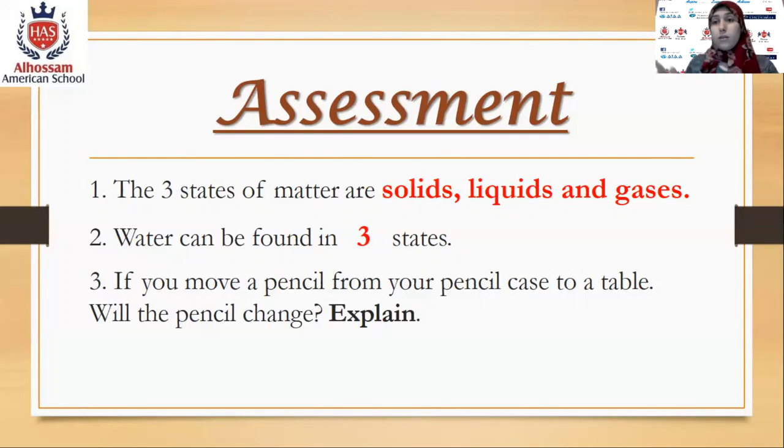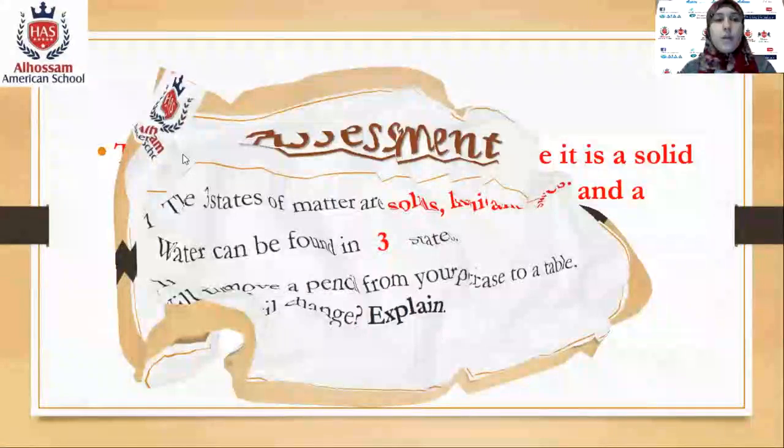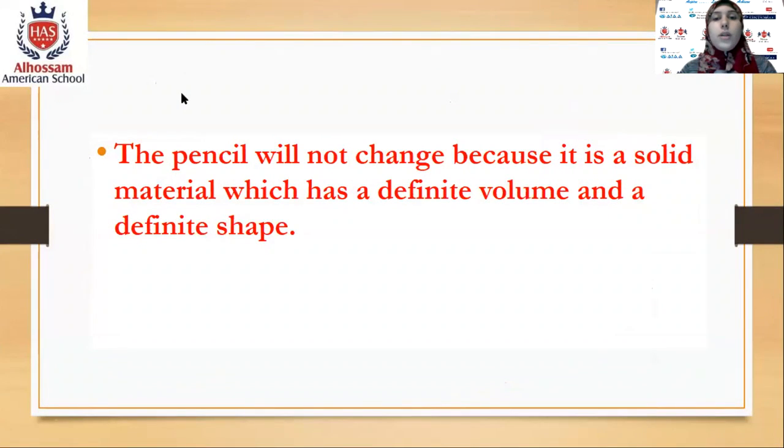Are the particles free? No. So they are tightly packed together. Thank you so much, Muhammad. So the answer, here it is. The pencil will not change because it's a solid material which has a definite volume and a definite shape.